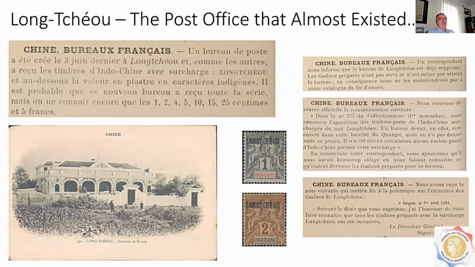And the office that was allegedly about to open in June was definitely abandoned in, I think, November, or a few months later. So that was the office that could have been, but basically never existed.